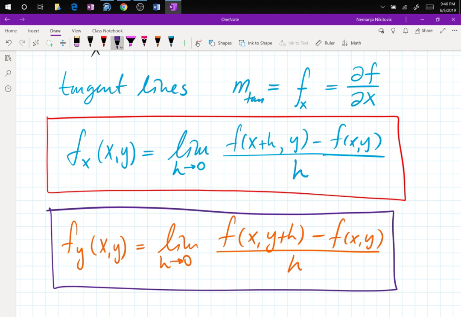And another nicer image that the book provides right there, as you can see, you have this peak, and then you have the cut, right?